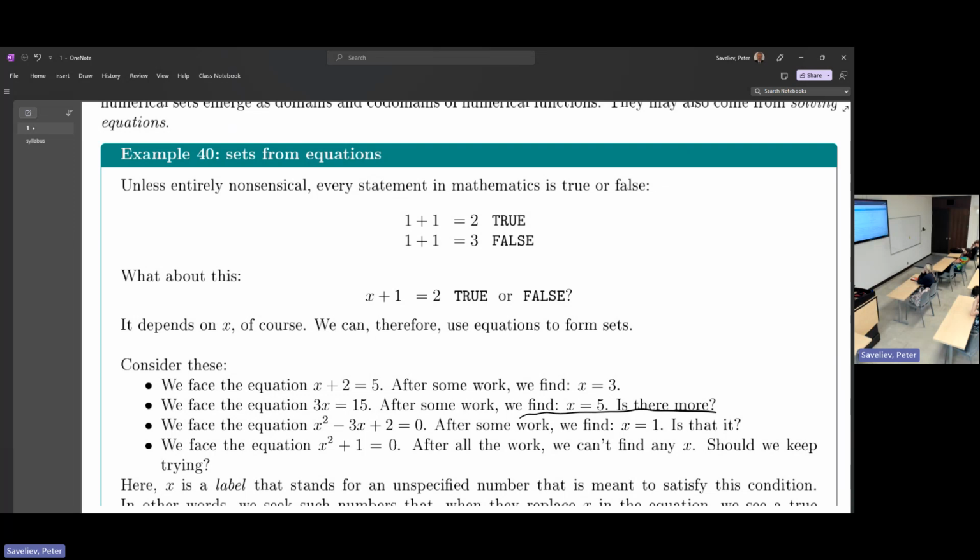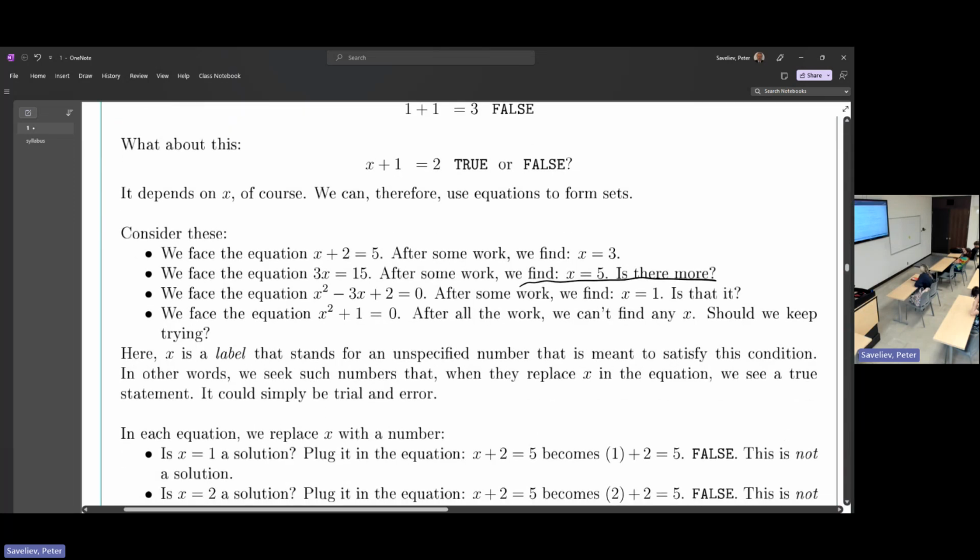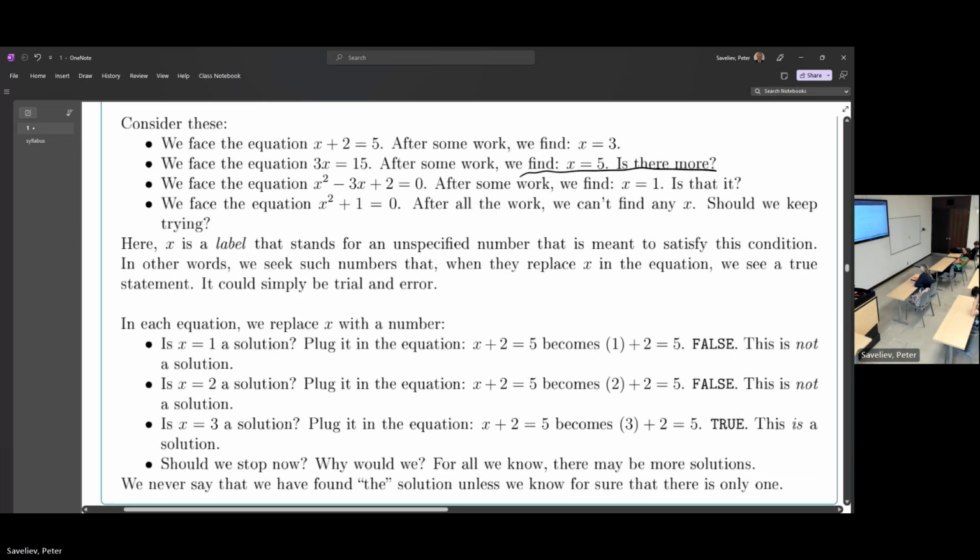I guess you can have an equation that doesn't make sense if you mix pounds with inches, for example. But generally speaking, it's either one or the other. So every x is tested this way, and that creates a set. Remember, what defines a set is a condition, and an equation could be a condition that defines a set. It's a test of whether it belongs or does not belong to the set.